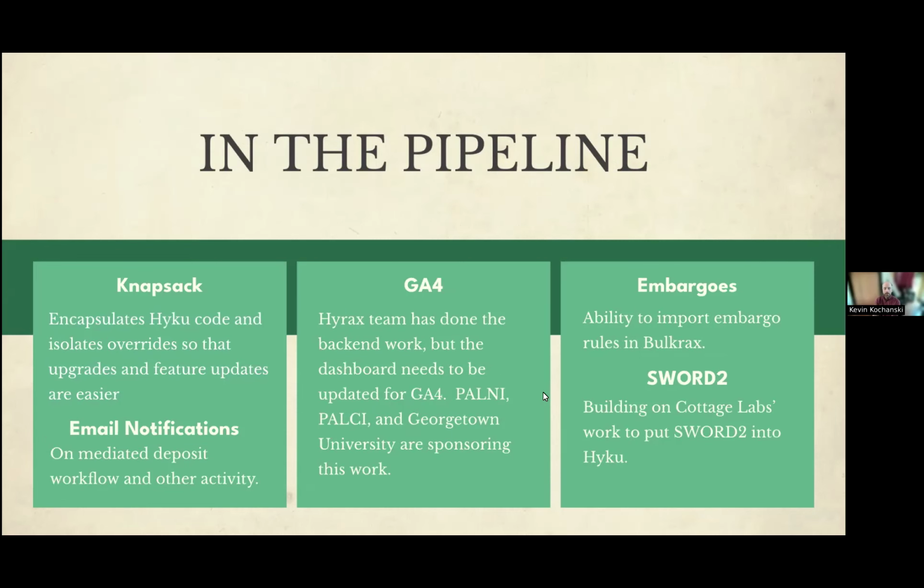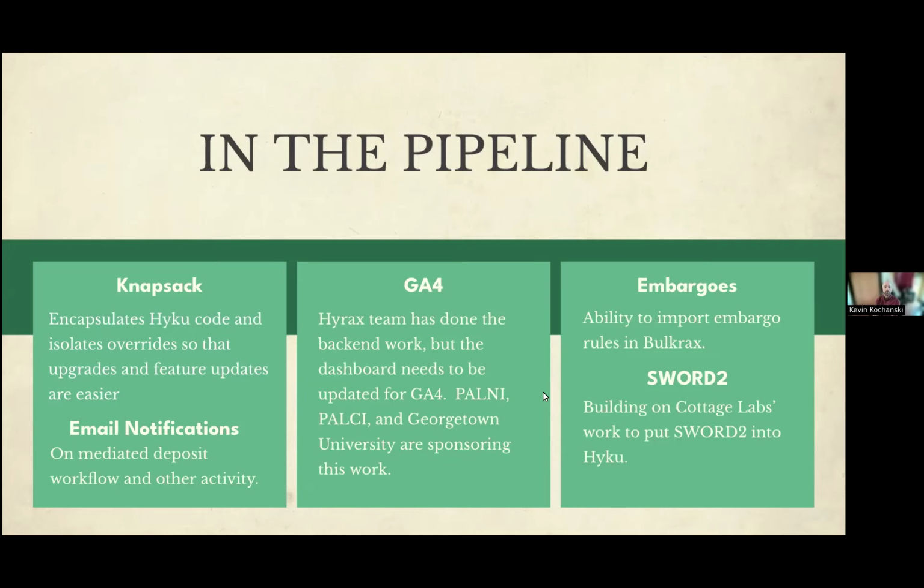So in the pipeline, to expand a little bit more, Knapsack is a feature that encapsulates Hyku code so that it makes upgrades easier. It isolates the core code from your custom features and customizations so that upgrades are a little bit less nitpicky. And that'll be a really important thing for Hyku when that's available for everybody.